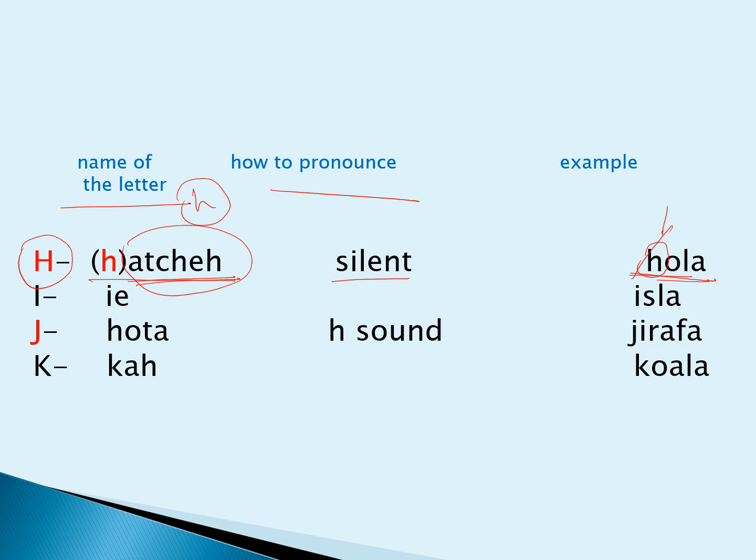Right. The next letter. The name of the letter in Spanish is E. Right. Look at this example. Isla. Isla means island, we already learned.